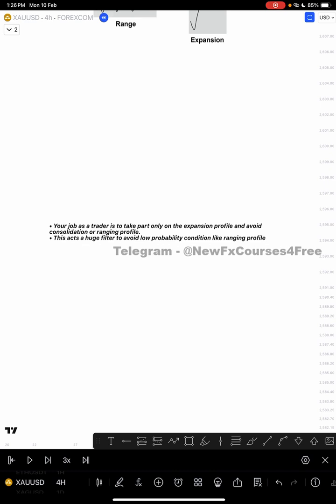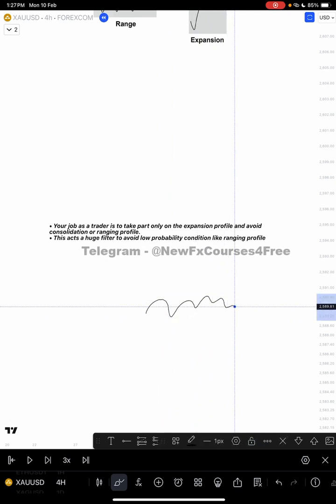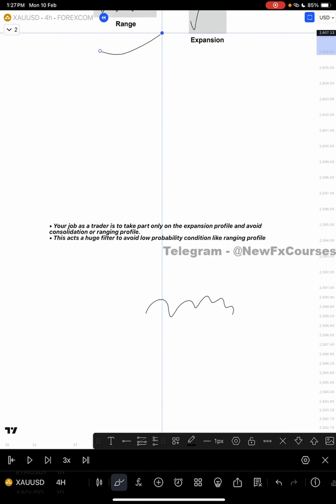Going lower. Your job as a trader is to take part only in the expansion profile and avoid the consolidation or ranging profile. This acts as a huge filter to avoid low probability trading conditions like the ranging profile, which I just illustrated over here.